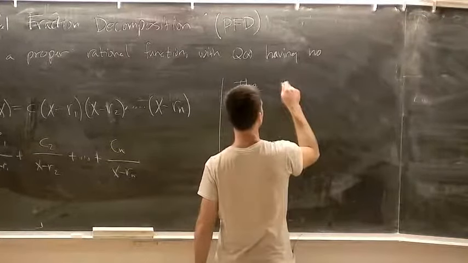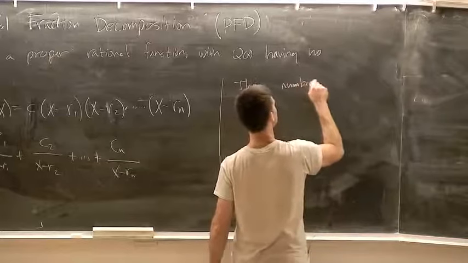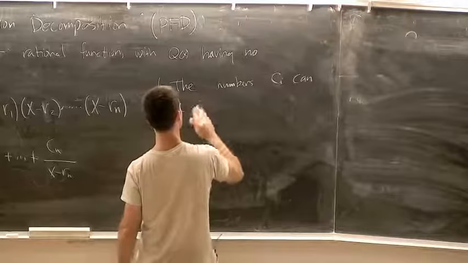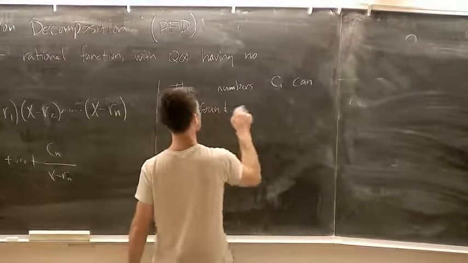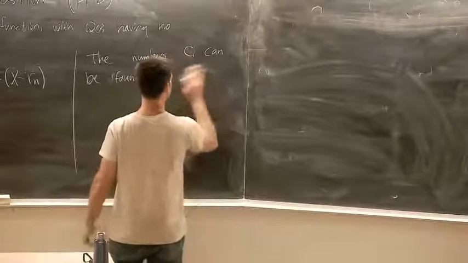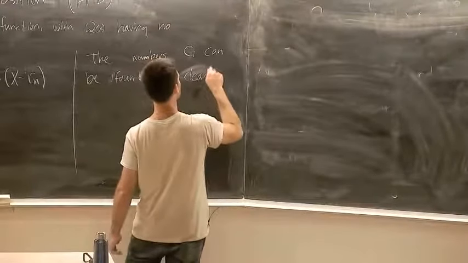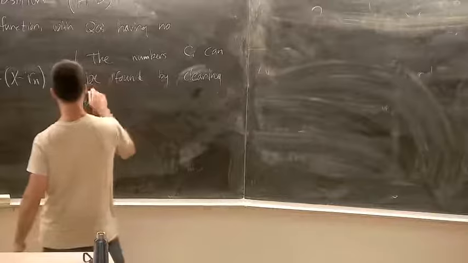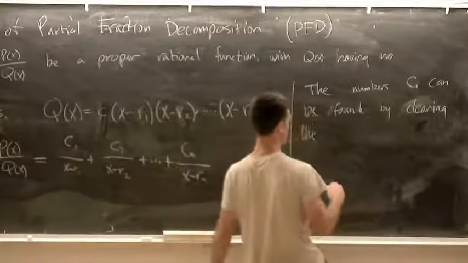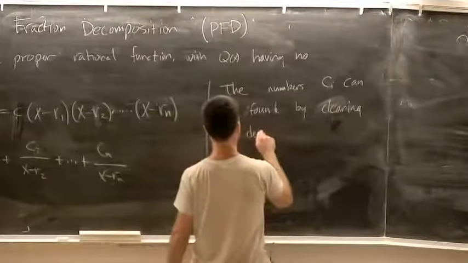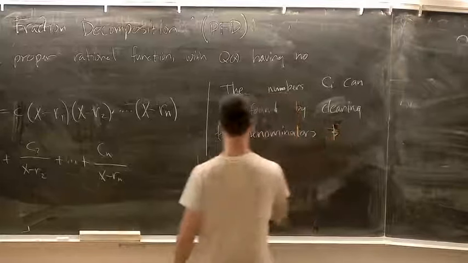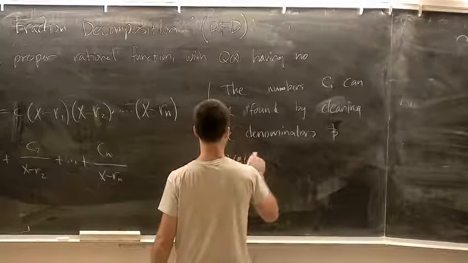So the numbers Ci, let me just say, by clearing the denominators, that means multiplying everything by the least common multiple of the denominators, and equating powers of x.